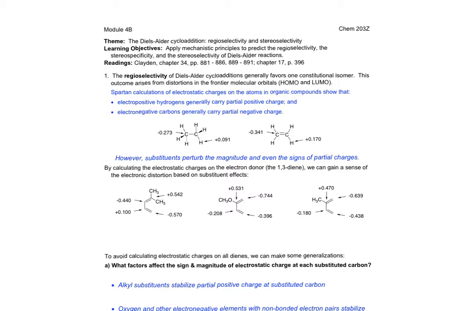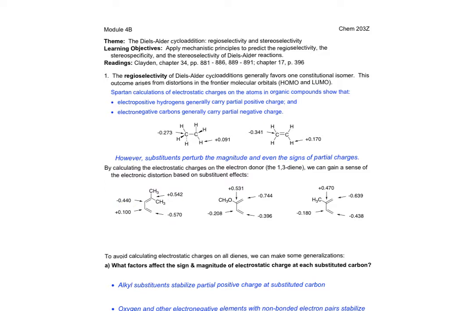For example, for the diene with two alkyl substituents, the carbon that is most substituted is actually partially positive, with the partial negative charges distributed elsewhere in the structure.